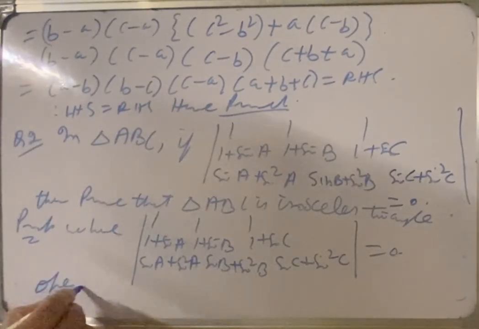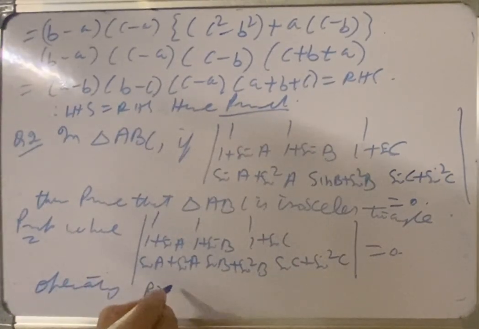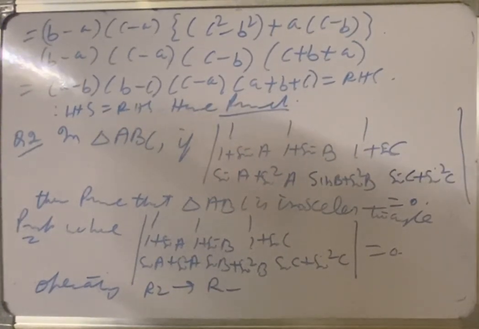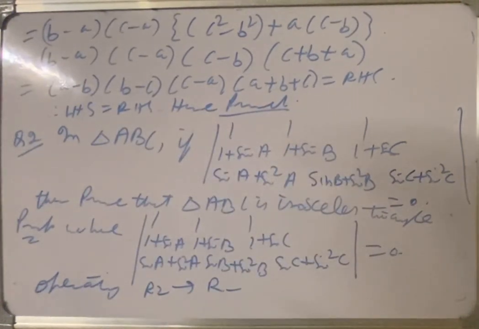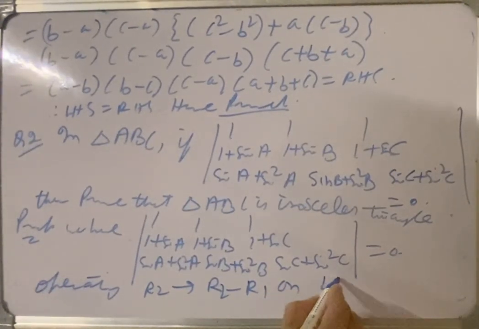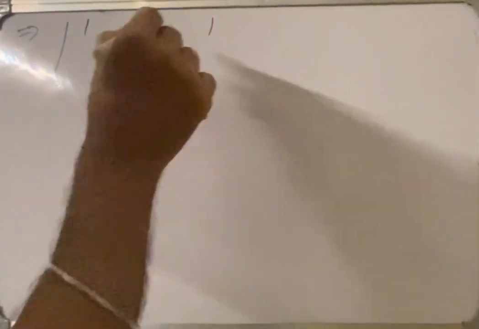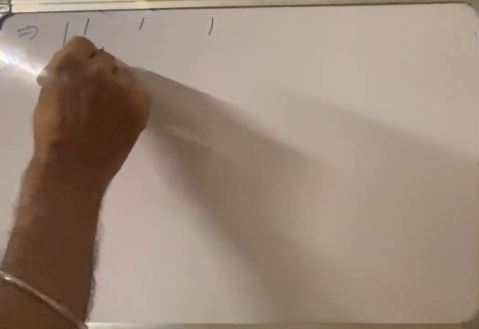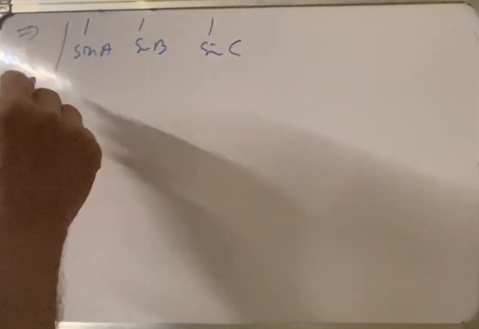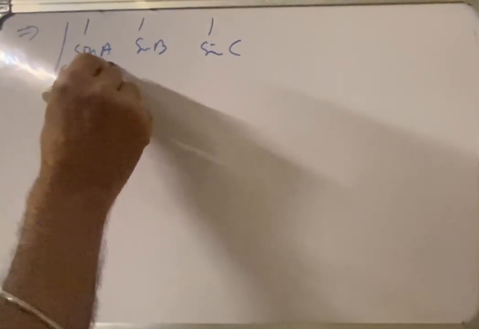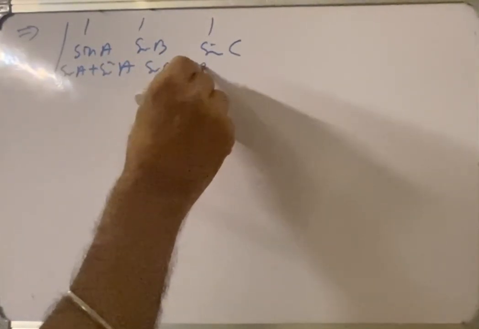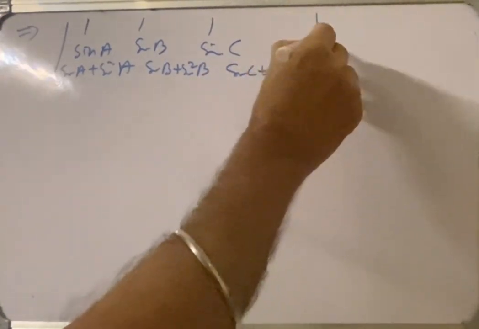Then operating R2 minus R1 on left hand side, we get first row 1, 1, 1, second sin A, sin B, sin C, third sin A plus sin square A, sin B plus sin square B, sin C plus sin square C is equal to 0.